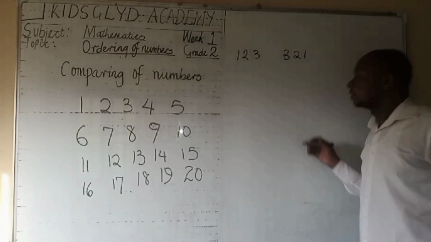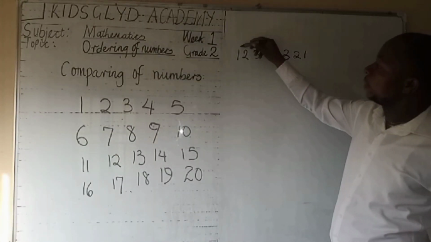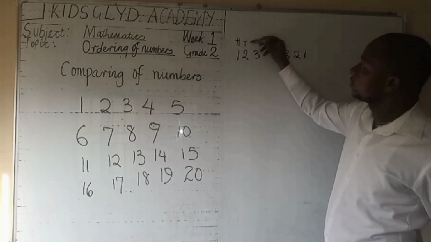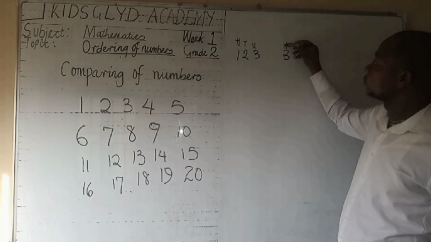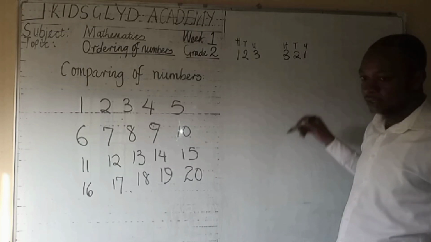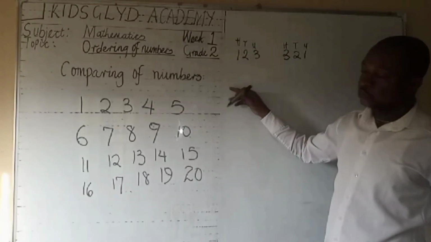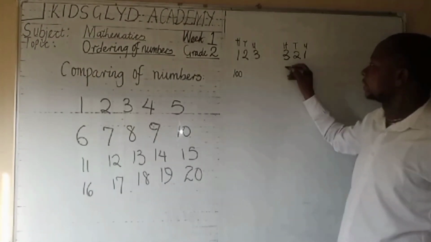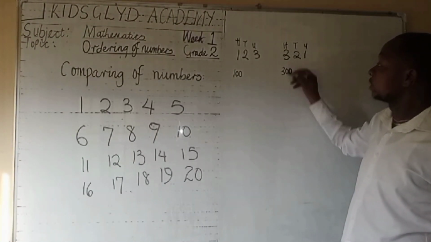Now, the first number here is 1. Hundreds, tens, and units. Here we have hundreds, tens, and units. The first number here is what? 100, which is 1. While the first number here is 300, sorry.